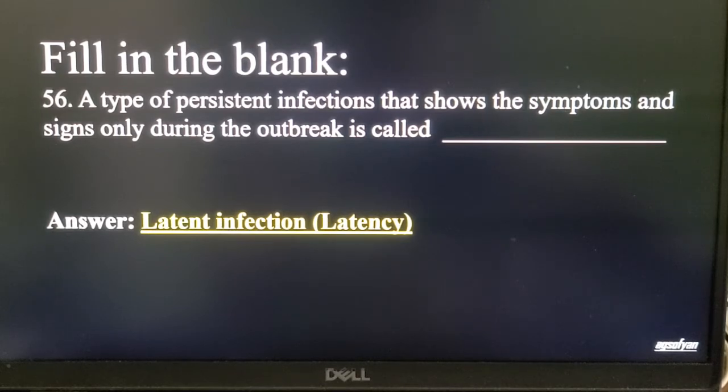This virus is mostly dormant inside our nervous system and gives the signs and symptoms of disease during the outbreak time. So you see the skin of the patient, and the sore in the mouth is called the cold sore. So this is latent, or latency. It only gives signs and symptoms during the outbreak time.